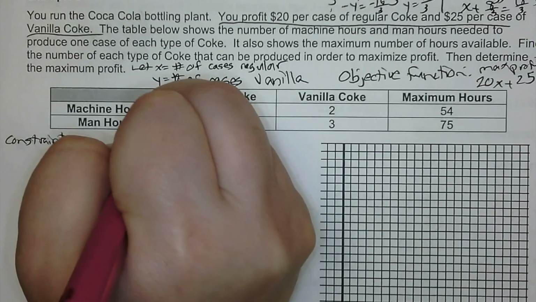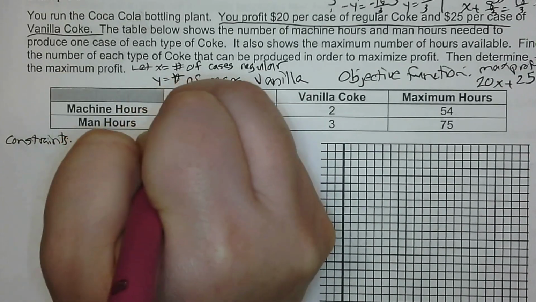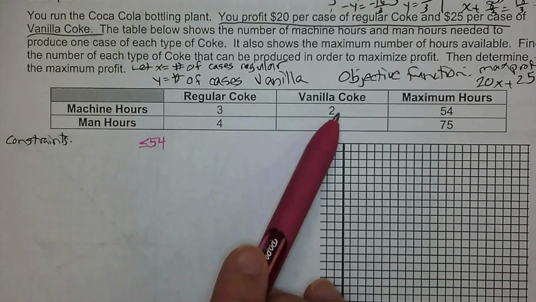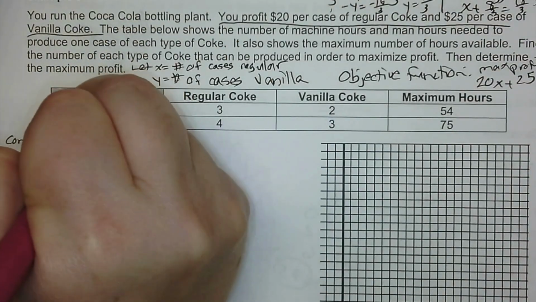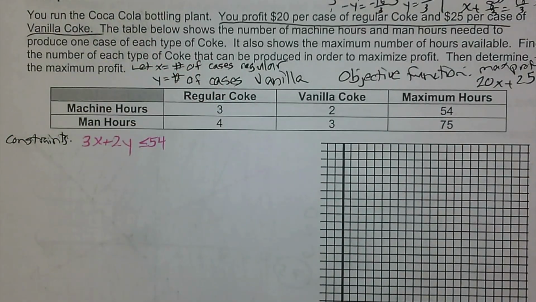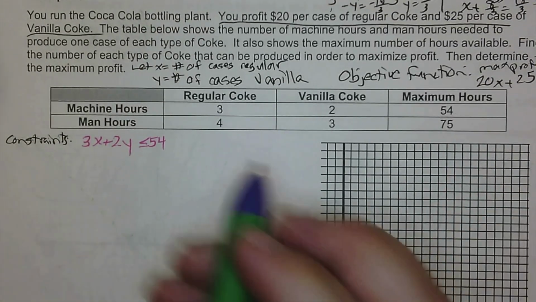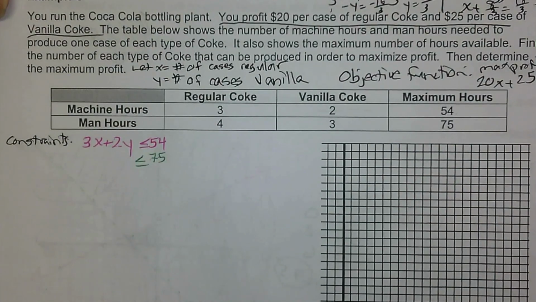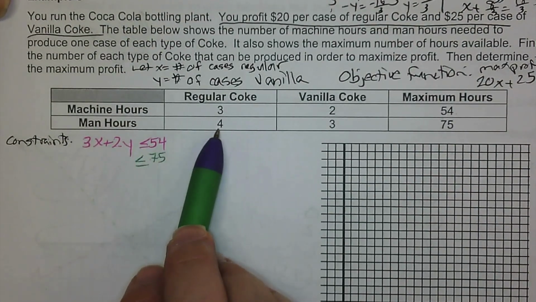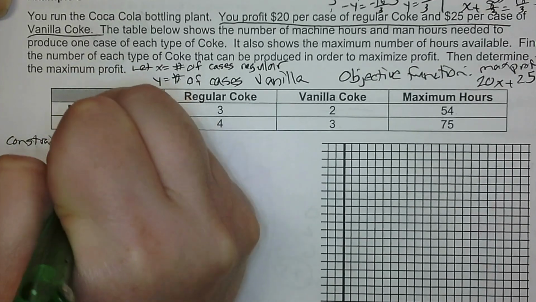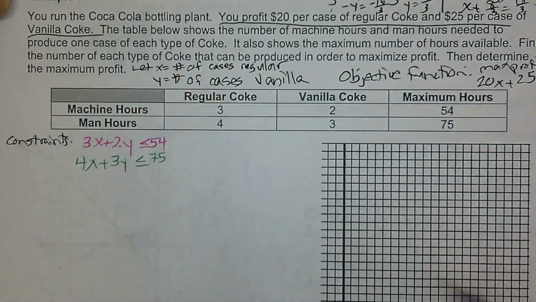So that means we're going to have less than or equal to 54 hours for the machine, which is 3 for regular and 2 for vanilla. So 3x plus 2y. Then for the man hours, we have 75 man hours. So we can't go over 75. It's 4 for regular, 3 for vanilla, 4x plus 3y.